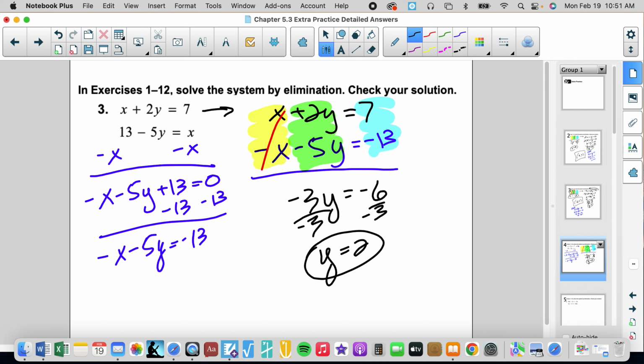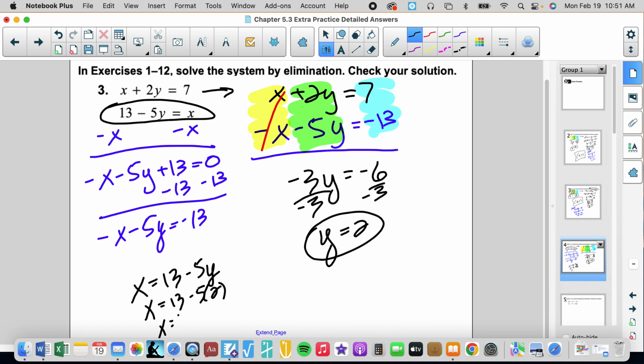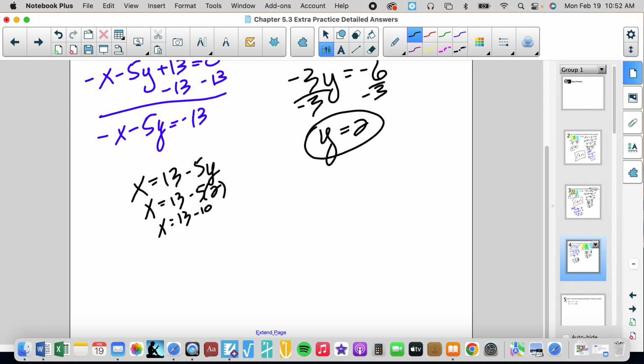I'm going to plug it back into this to find my x because it's solved for x, and that's more conducive. x equals 13 minus 5 times 2. x equals 13 minus 10. x equals 3. And my solution should be 3, 2.